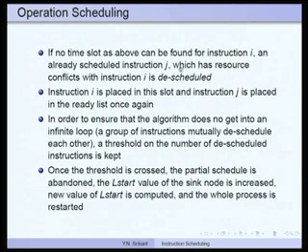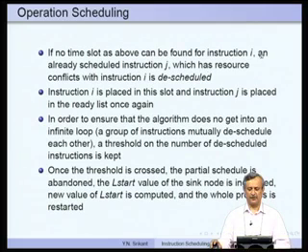Suppose no time slot can be found for an instruction I, that is we do not find any slot between E start and L start, for several reasons. It is possible that there are resource conflicts during these slots, or it is also possible that there are other instructions sitting in the time slots and therefore, the resources are not available.